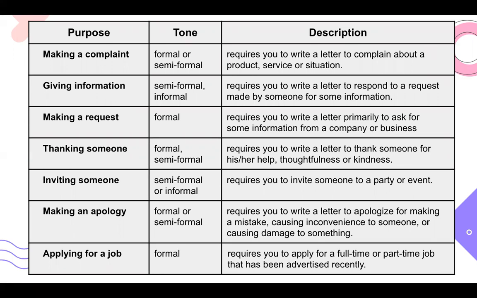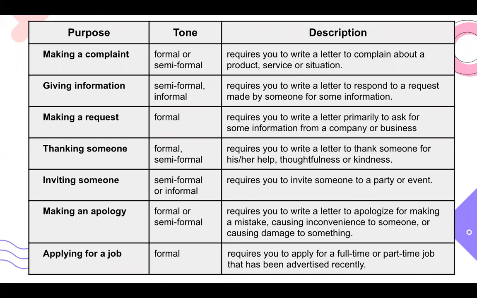So they used a semi-formal tone for that reason, because they were supposed to help out, so they know this person, but they don't know them well enough to be a friend. So this is why it is semi-formal. Okay, so you could also use a formal tone if you are making an apology to someone you do not know at all, but you did something that caused some kind of damage or inconvenience.